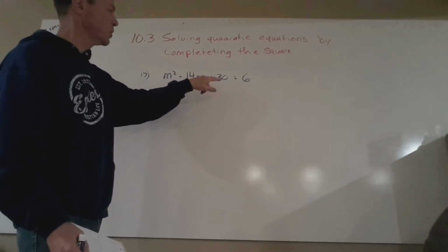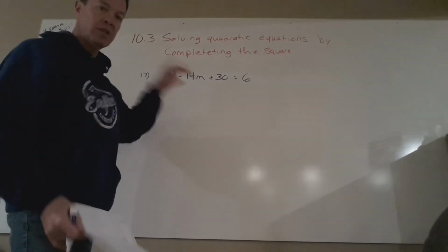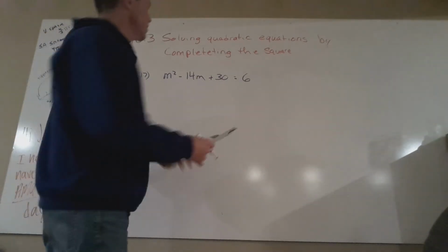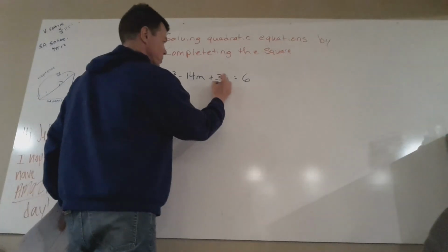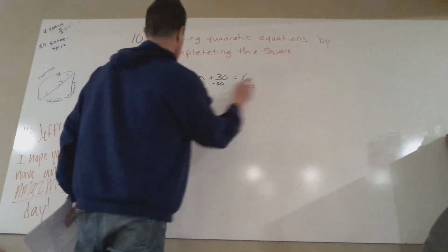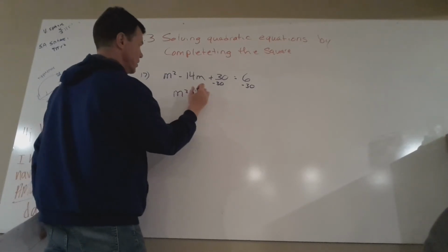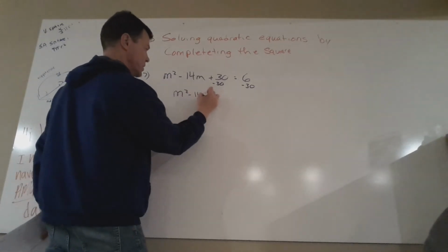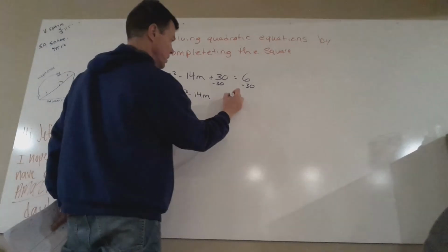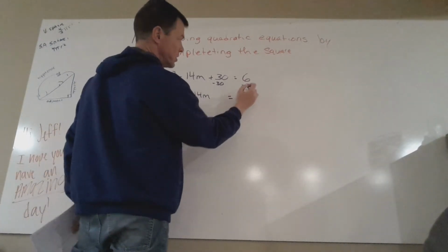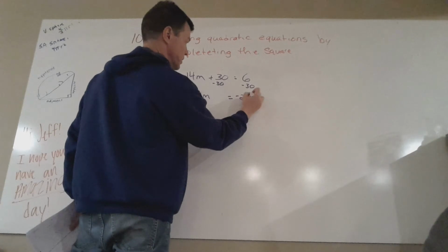You don't have to, but I think that's probably the easiest way to keep this organized. So get rid of 30 by subtracting 30. Minus 30, minus 30. So now you have m squared minus 14m. I'm going to leave a space. Equals 6 minus 30, which is negative 24.